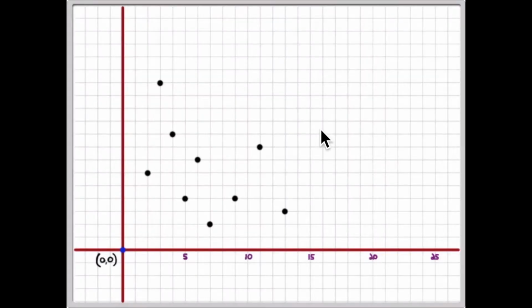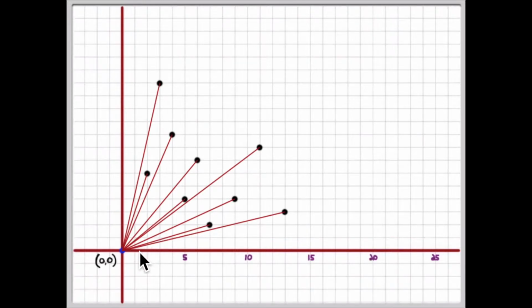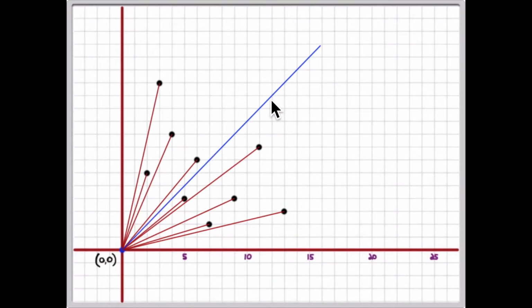Here are a bunch of randomly selected points. Each of these points is connected to the origin. So each of these line segments is the hypotenuse of a right triangle. And I'm going to compare the slope of that hypotenuse to a slope of 1.